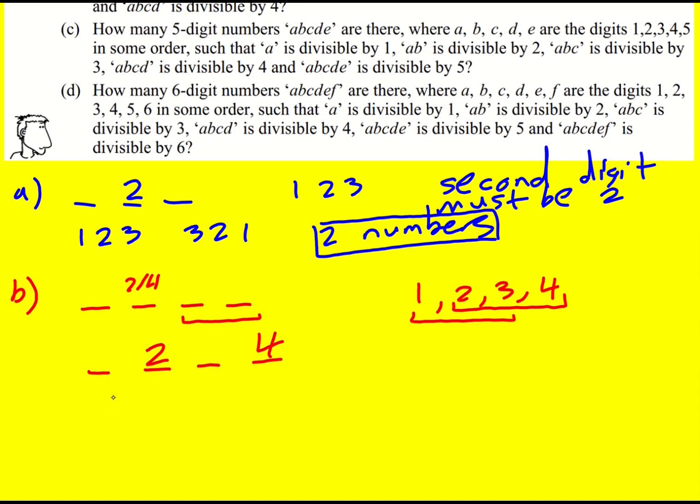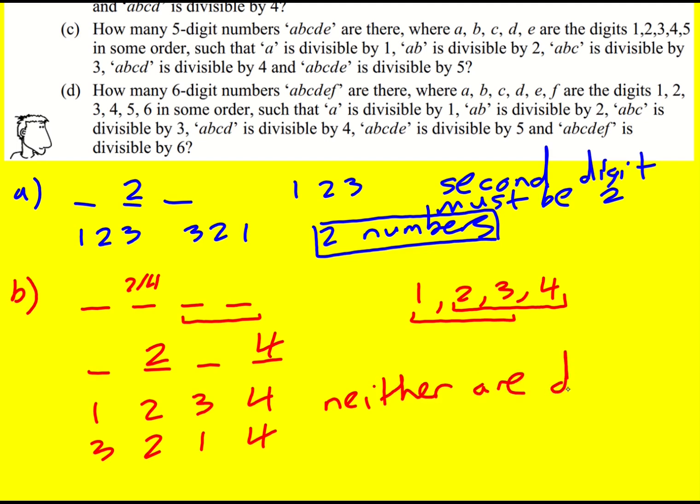So I've only got to check two situations now, 1, 2, 3, 4, and 3, 2, 1, 4. Now, neither of these are divisible by 4. So there are 0 numbers that have this property.